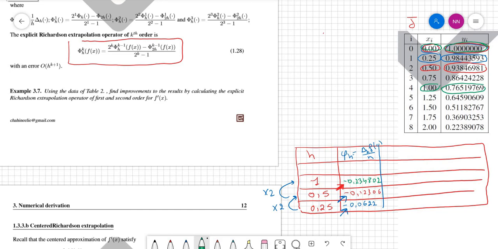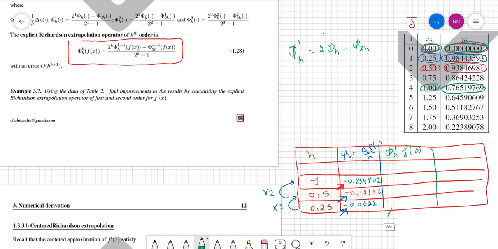Okay, now the second column will be dedicated to the first order extrapolation operator at f of 0. How to calculate this? From the formula we have, phi_1(h) is equal to 2 phi(h) minus phi(2h).